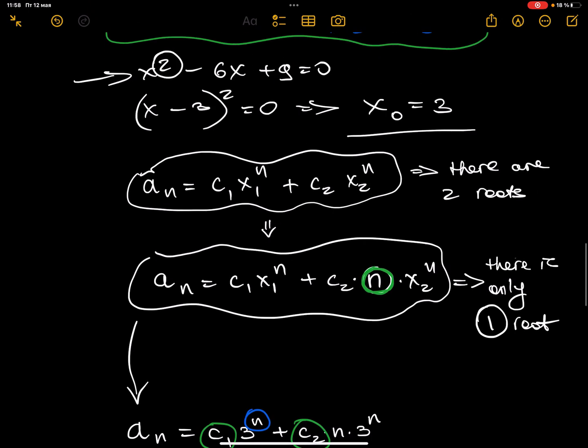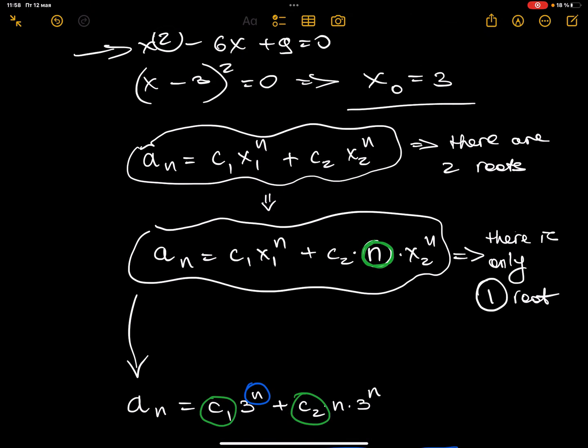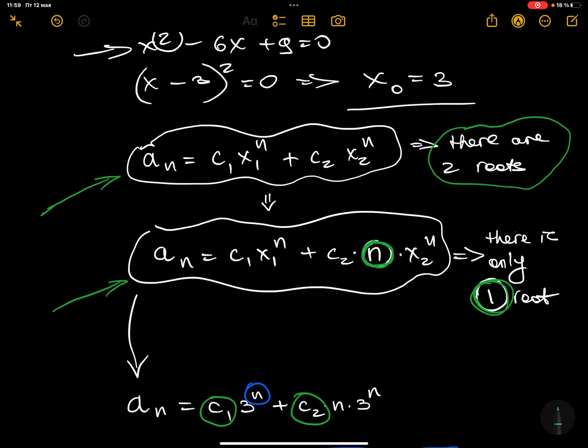Because our equation has only 1 root, we're not using the typical form for 2 roots; this is a template, and this is the format that you use for 1 root because we add here n.